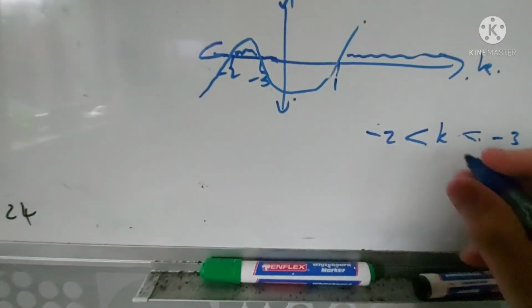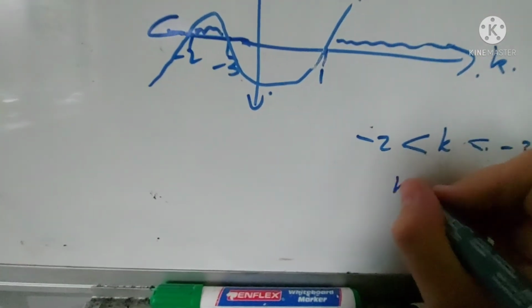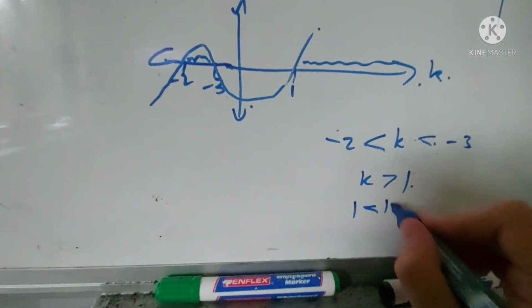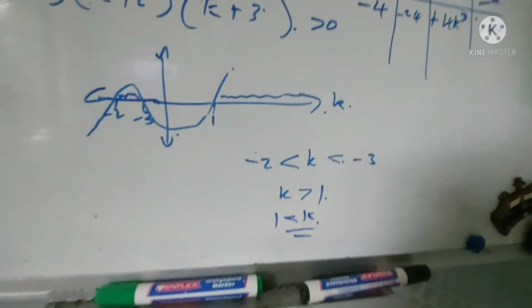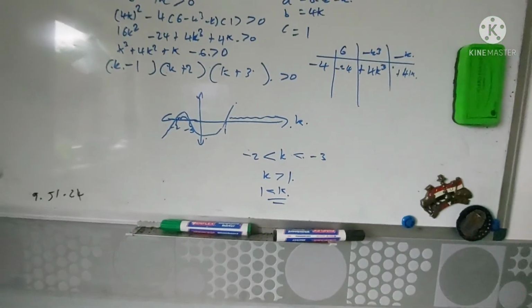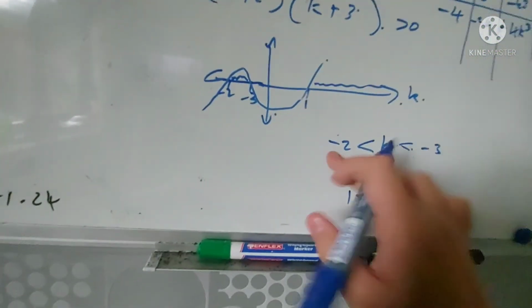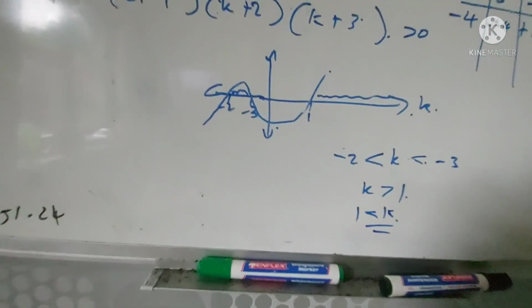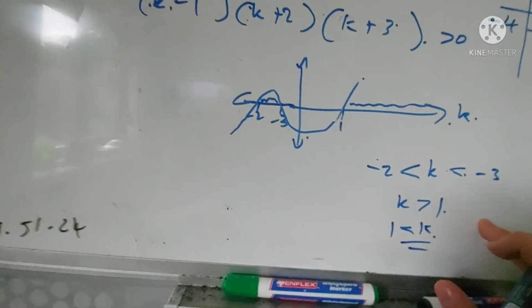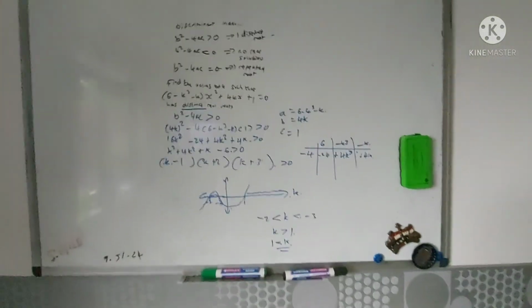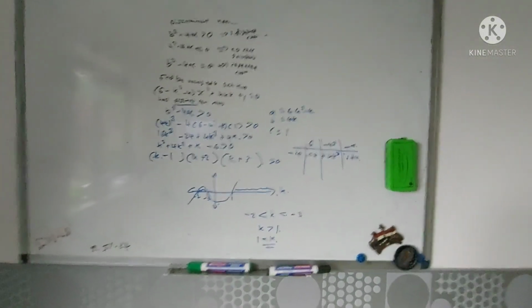And the other one is k is greater than 1, or 1 is less than k. Either of those will be fine. You can also flip this around if you like. I usually put the small and the big, that's just the way I write these. And that is how we can do a more complicated question on discriminant inequalities.